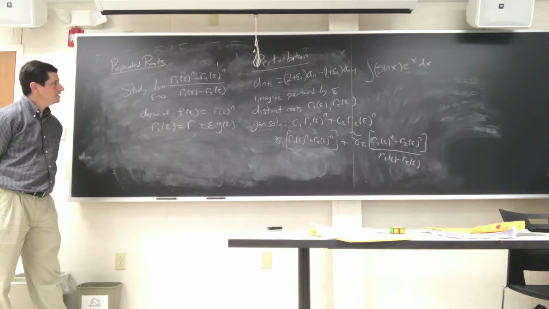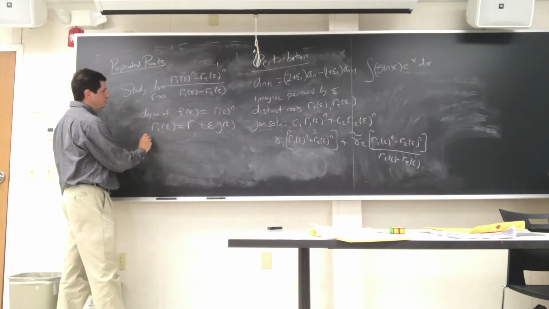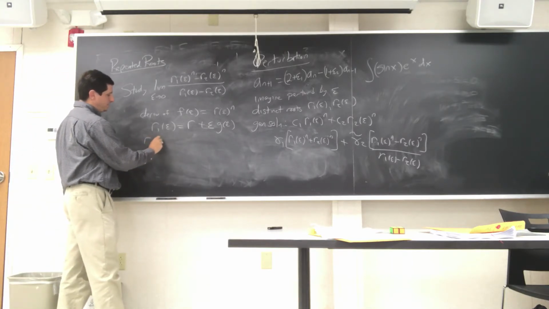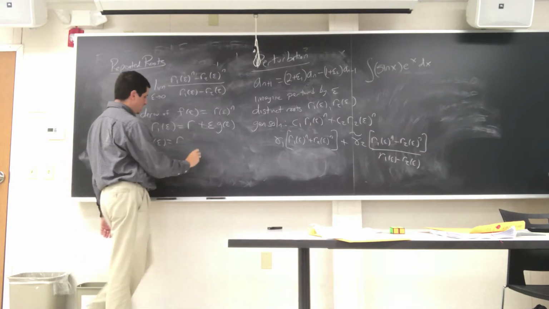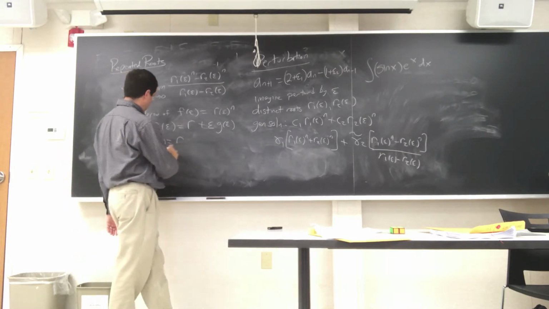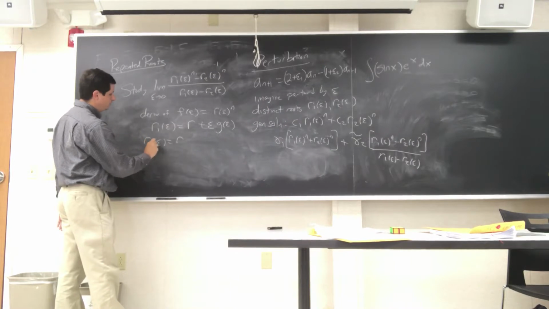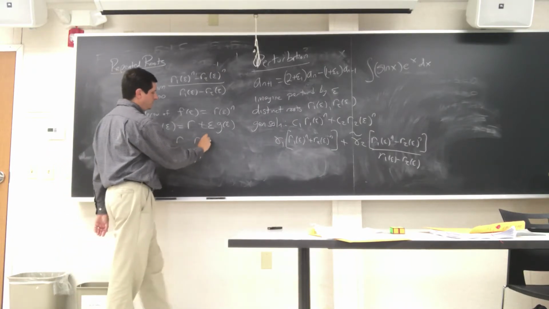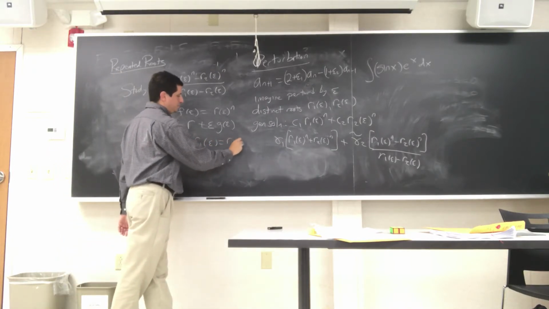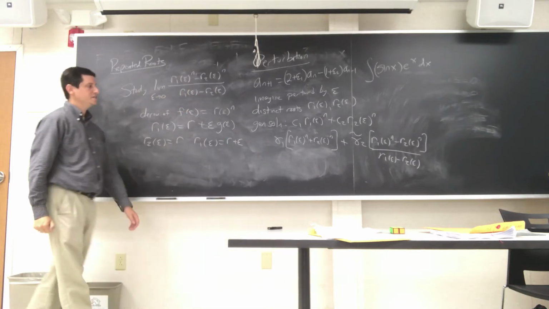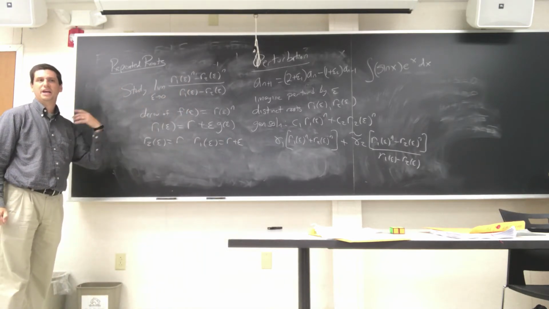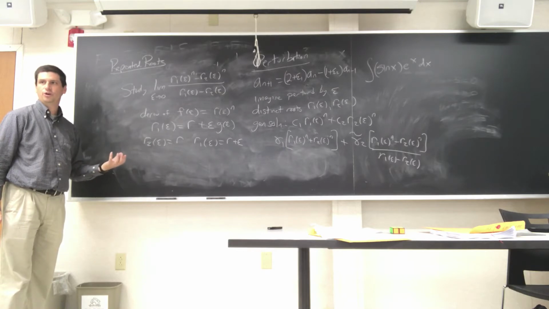What would be nice is if we had maybe choose things so that R2 of epsilon is equal to R, and R1 of epsilon is R plus epsilon. You can't necessarily do this, but let me just do this to make the algebra a little bit nicer now and illustrate what's going on.